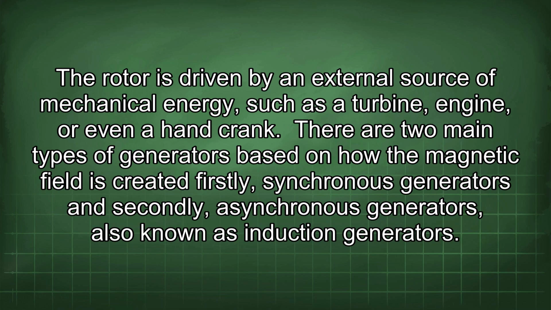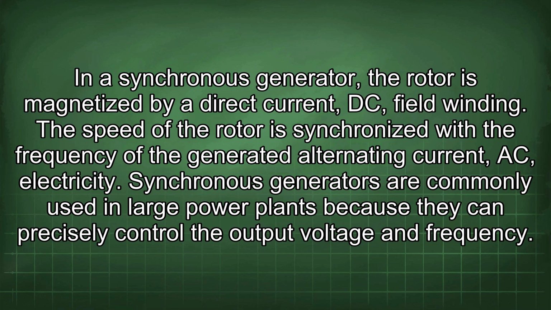There are two main types of generators based on how the magnetic field is created. Firstly, synchronous generators, and secondly, asynchronous generators, also known as induction generators. In a synchronous generator, the rotor is magnetized by a direct current (DC) field winding. The speed of the rotor is synchronized with the frequency of the generated alternating current (AC) electricity. Synchronous generators are commonly used in large power plants because they can precisely control the output voltage and frequency.